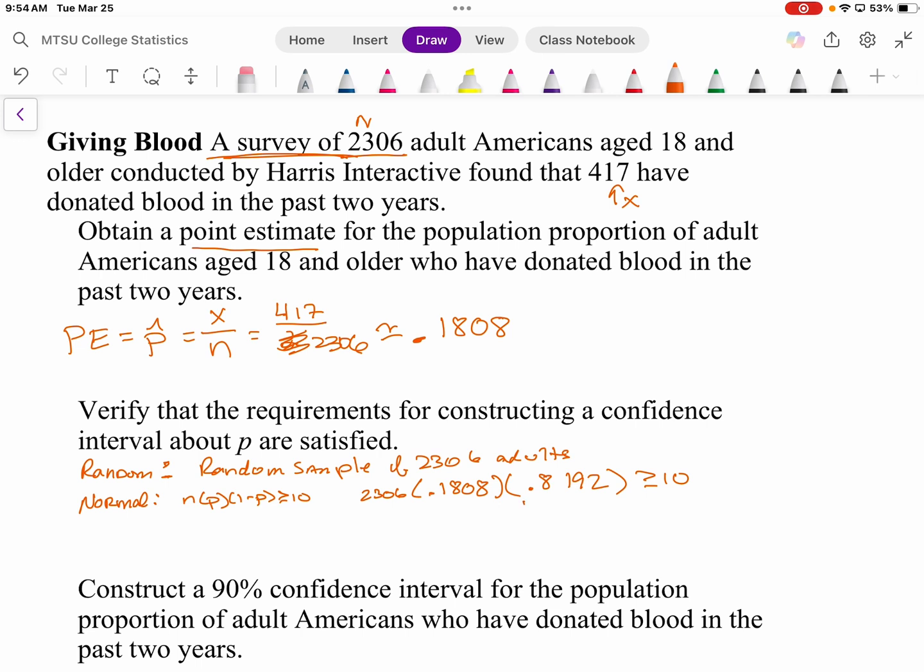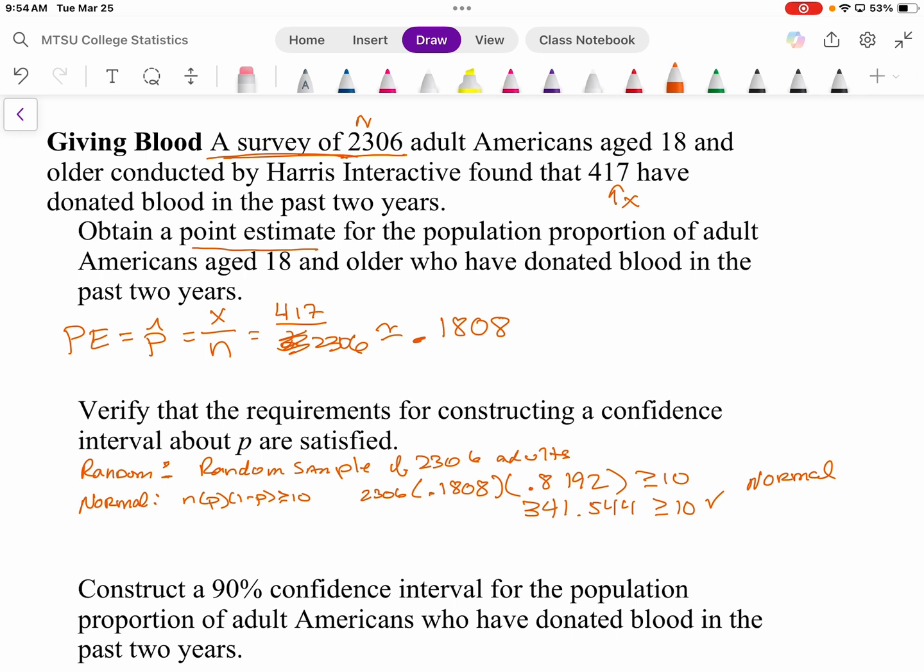And that gives me 341.544. That is greater than or equal to 10, so we are normal. Again, when I'm dealing with proportions, this whole next week and a half, we're saying, are we greater than or equal to 10 when we multiply the two percentages and the sample size together?